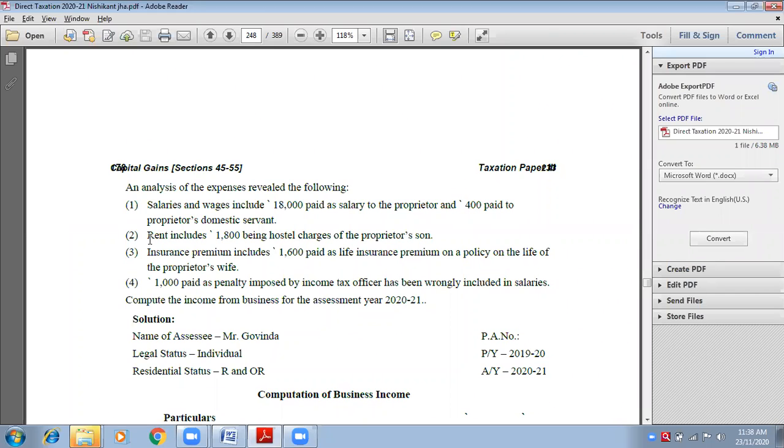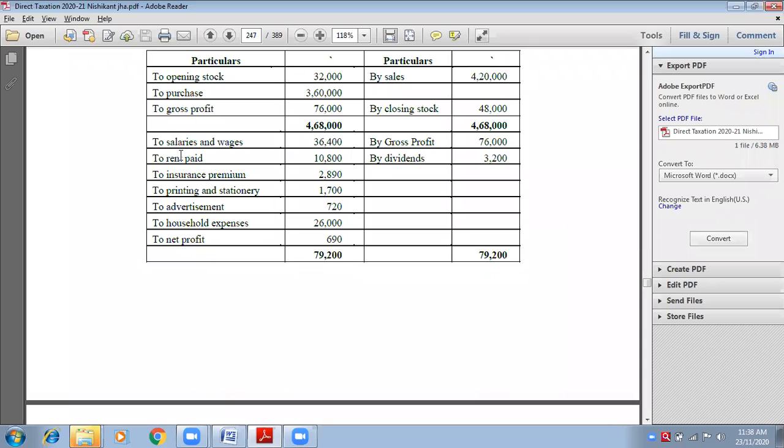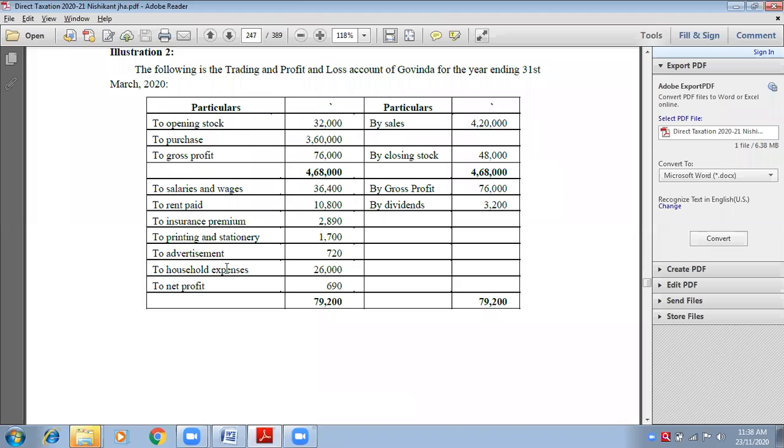Rent. Rent includes 1800 being hostel charges for proprietor's son. Can you see here rent is given on the debit side? Earlier we did not do anything because it was not said so. First of all, we always have to look at the debit side. By looking at the debit side, we will understand what expenses are naturally disallowed, like personal expenses, household expenses, expenses related to another head.